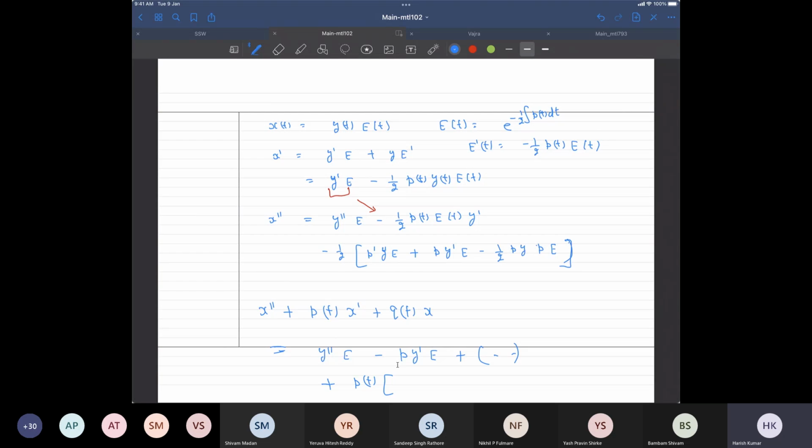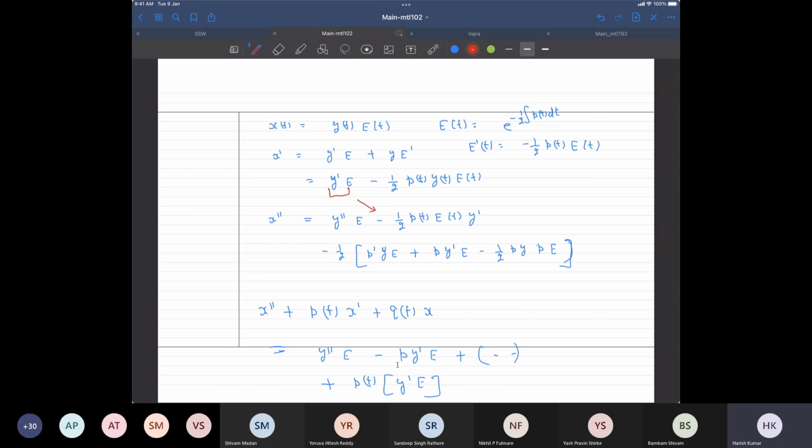So let us see, pt multiplied with the first order, so this will be y prime e, this is the only first order term we have. So this is correct. No problem, I'm not making a mistake.